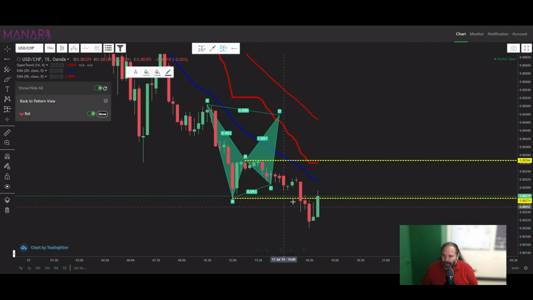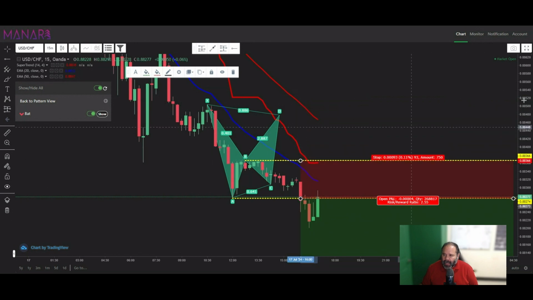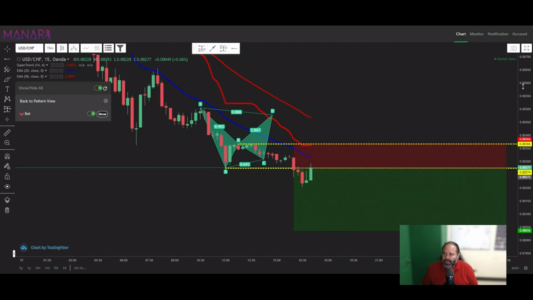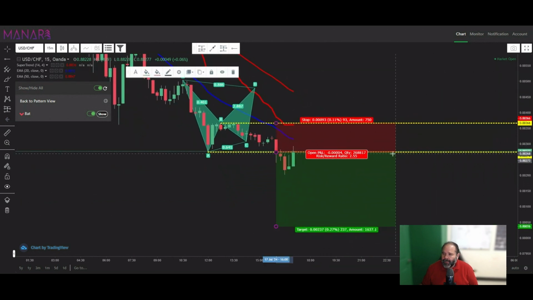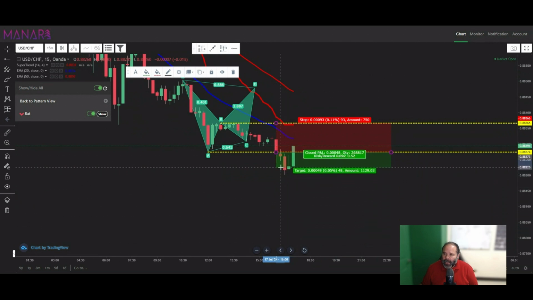But normally this will be the entry right here on point A. Point B is the stop loss. And then we're going to have three take profits that we're going to use. We're going to have TP1, which is a risk reward ratio of 1 to 0.5.